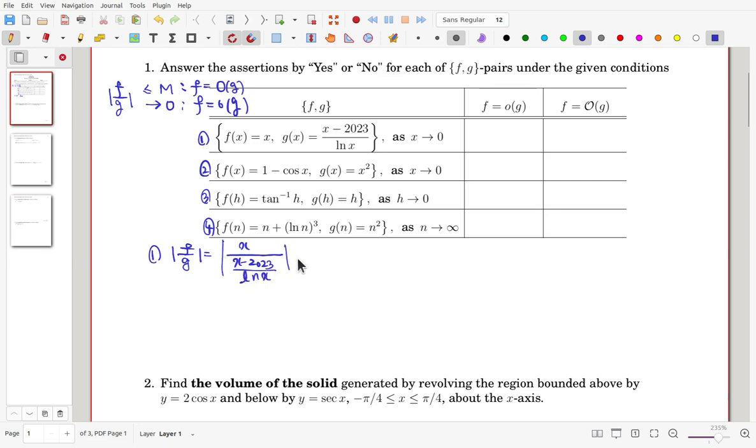We can rewrite this as x times logarithm x divided by x minus 2023. Now if x approaches 0, then the top will approach 0, so here we have limit 0. You learned this one earlier.